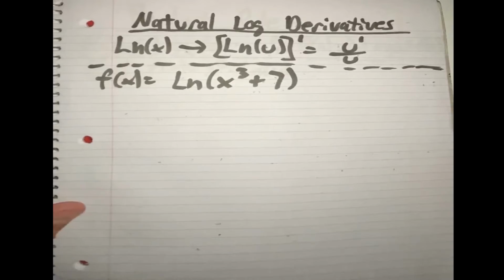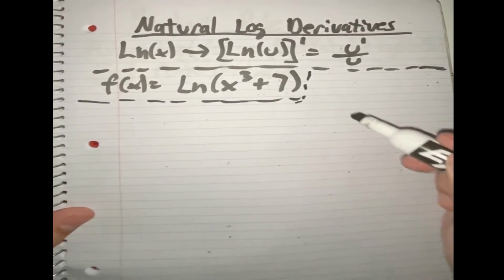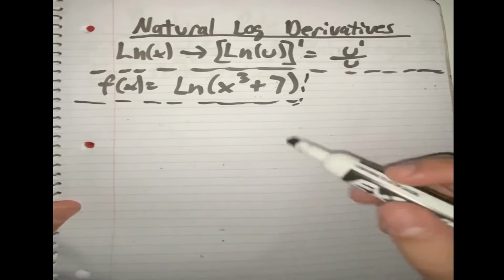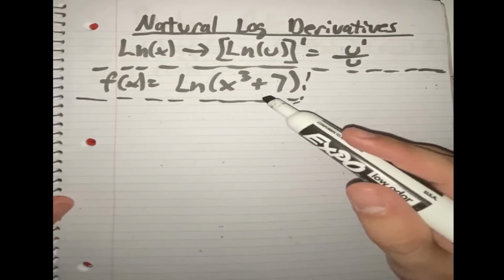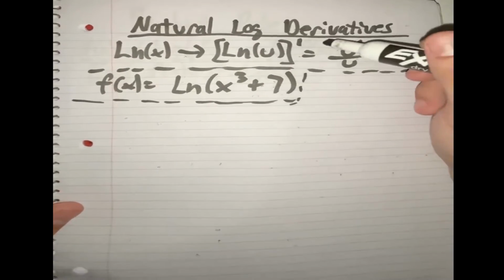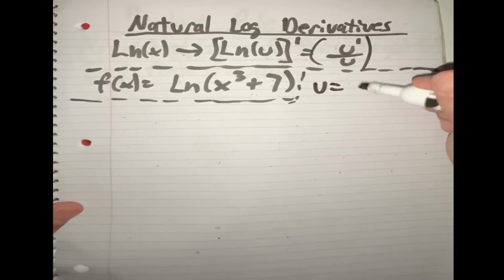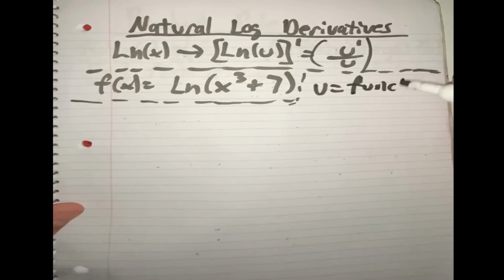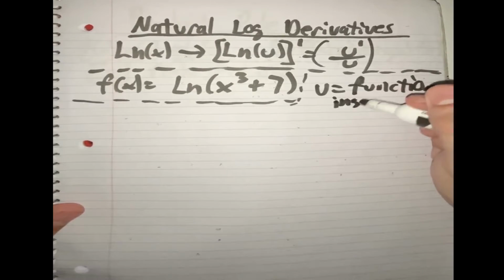So we're going to go ahead and solve this. Notice the first thing we do is recognize this is a natural log and that we have to take its derivative using this formula right here. Understanding u is the function inside the logarithm.